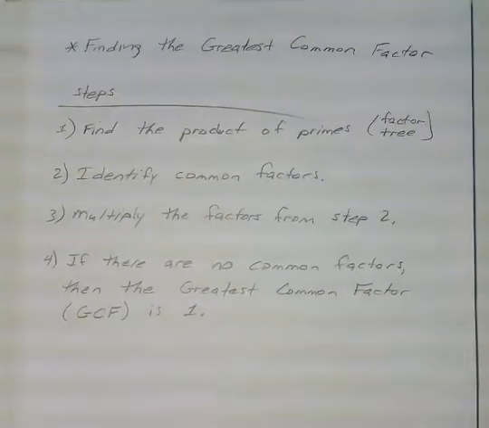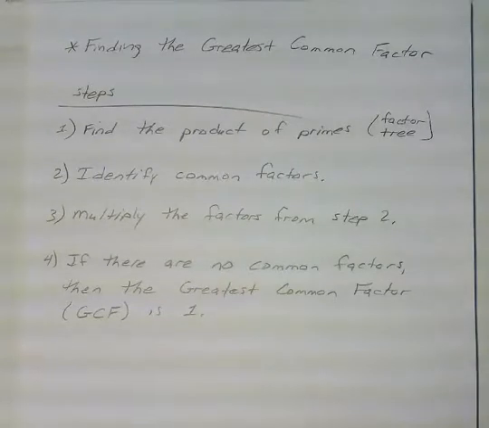Now looking at our next page, these are the steps for finding your greatest common factor. Step number 1, you're going to find the product of primes using what we call a factor tree. If you don't remember what a factor tree looks like, after a few examples, hopefully it'll make sense.